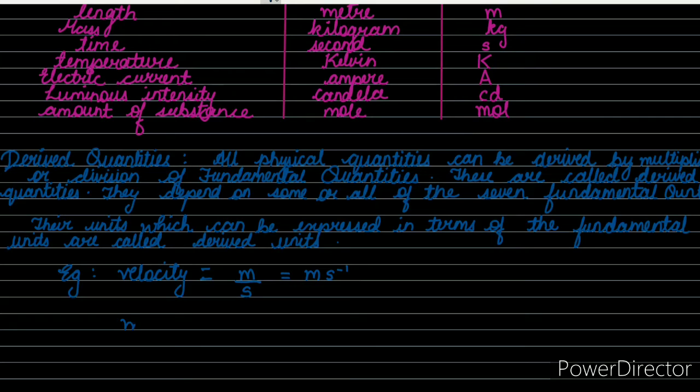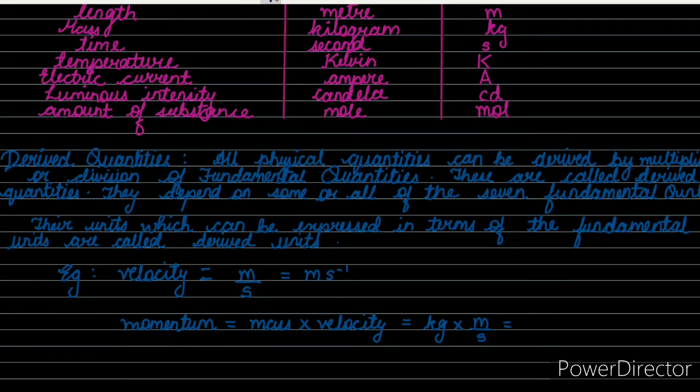Let's take another example, momentum. We know the formula for momentum is mass into velocity, right? So the unit for mass is kilogram and velocity is meter per second. We know that kilogram is a fundamental unit, meter is also a fundamental unit, and second is also a fundamental unit, right?